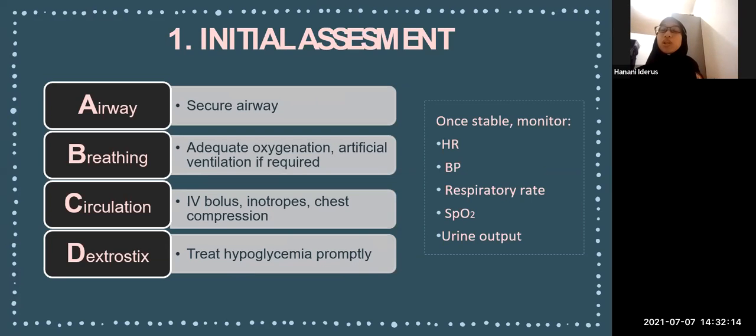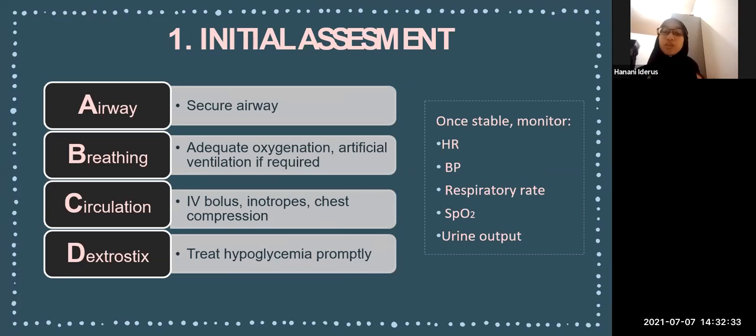In airway, we need to ensure that the airway is secure. For the breathing, we need to give adequate oxygenation. We may need to give artificial ventilation if required. For circulation, we need to give IV bolus and also inotropes and chest compression depending on the condition of the patient.